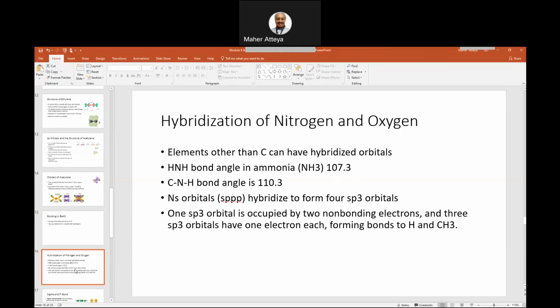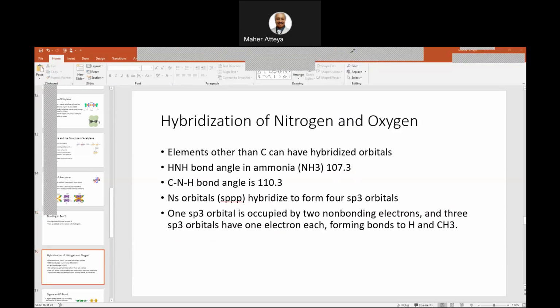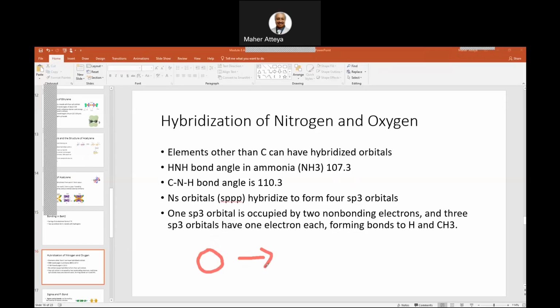Hybridization of nitrogen and oxygen. Well, it looks like from nature, we don't know why. Hydrogen, always single bonded, correct? When it comes to oxygen, it's very unique. Oxygen always will have double bond, believe it or not.